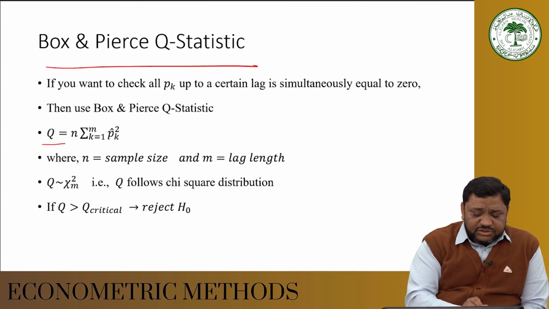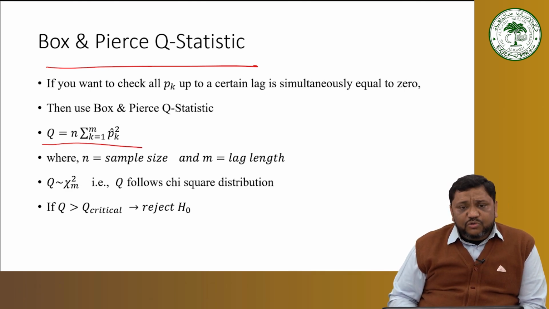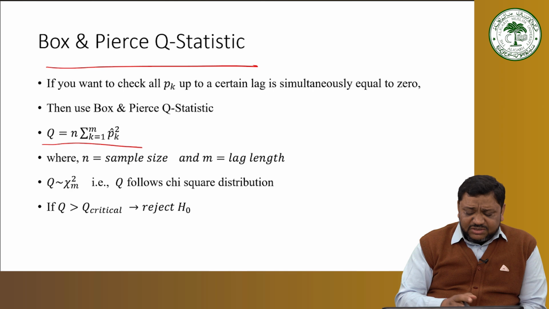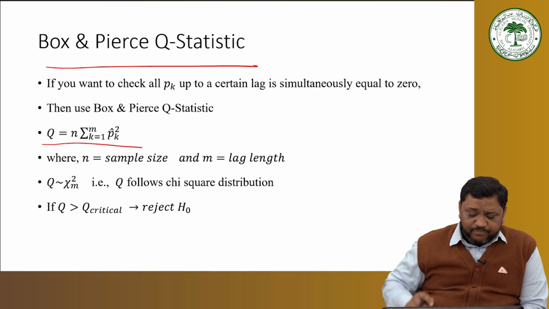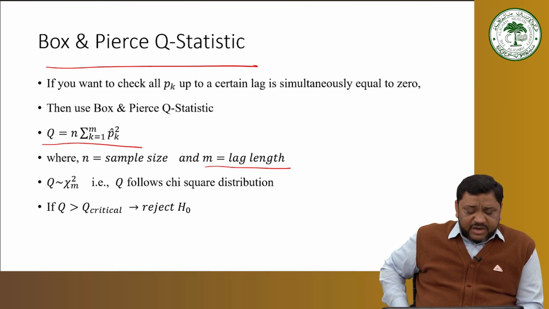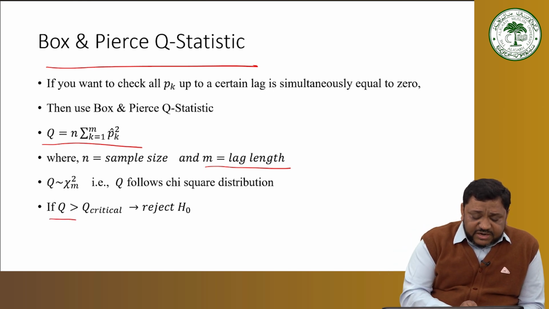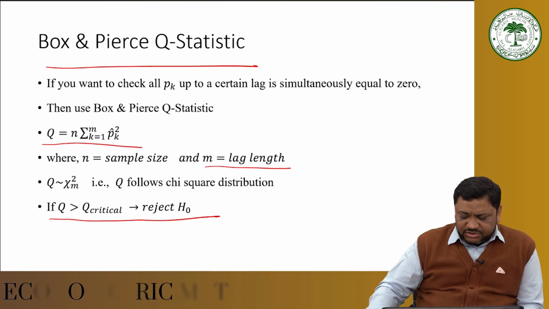The formula for this Q statistic is n times the summation of rho k square, where n is the sample size and the summation k from 1 to m, where m is the lag length. Now this is approximated by a chi-square distribution. If Q is greater than Q critical, we again reject the null hypothesis.